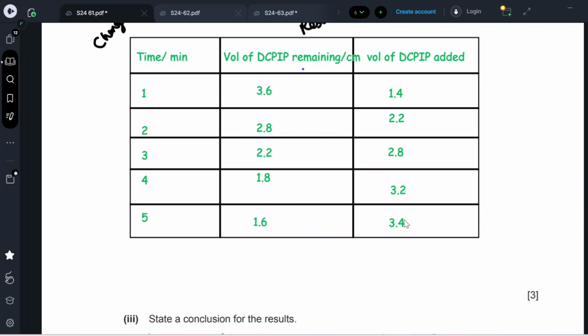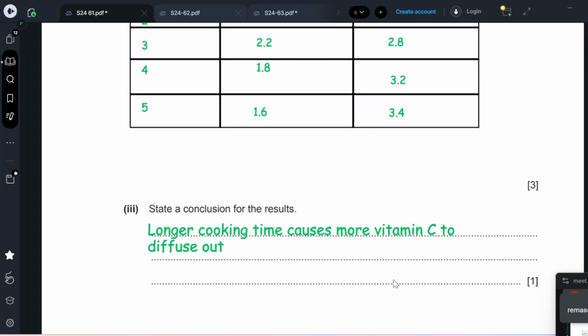So you have to tell him a conclusion. What does this indicate? As the time increases, it used a lot of DCPIP. What does this mean? It means that more vitamin C diffused into the water. This is the conclusion. Longer cooking time causes more vitamin C to diffuse out.